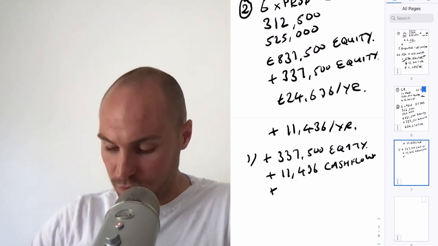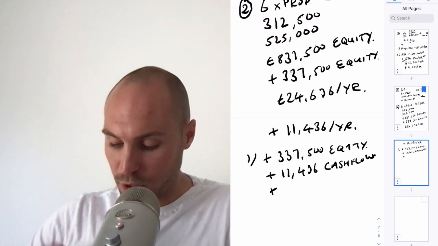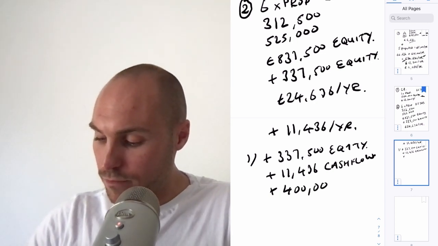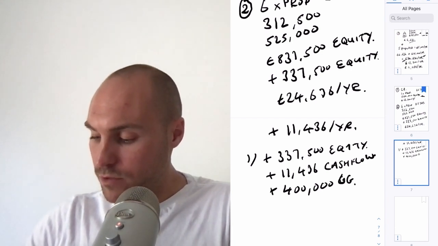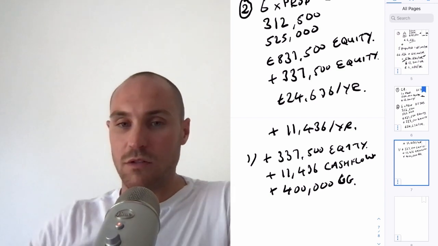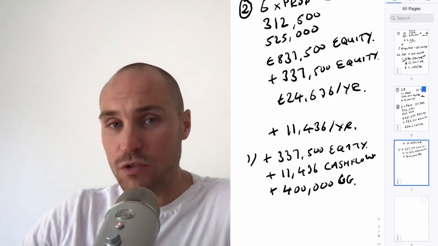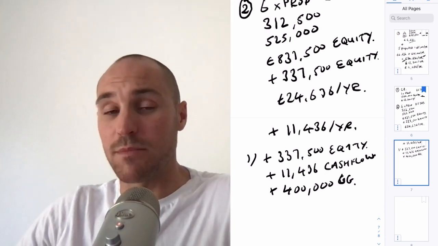We take the £650,000 of capital growth minus the £250,000 that we got from buying property number one, and we end up with an additional capital growth of 400,000 by leveraging. So the results: 337,500 equity, £11,436 of cash flow, and £400,000 of capital growth.